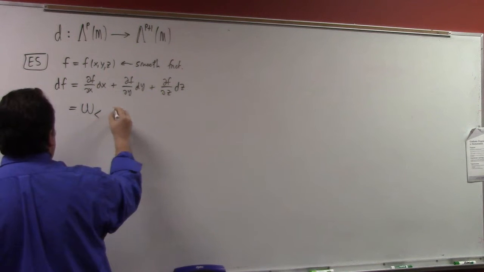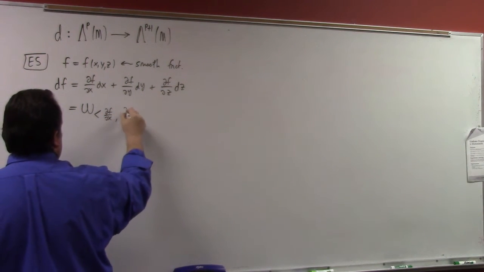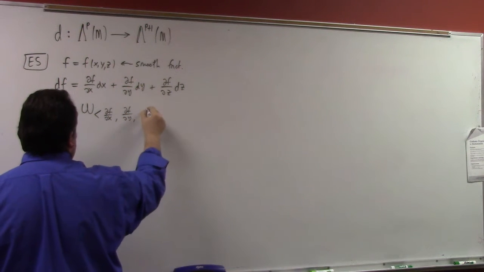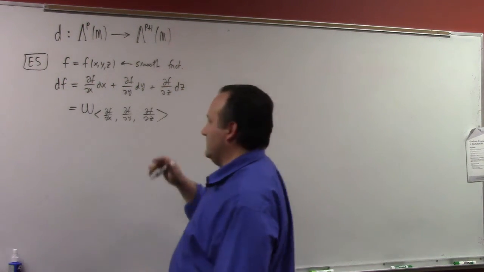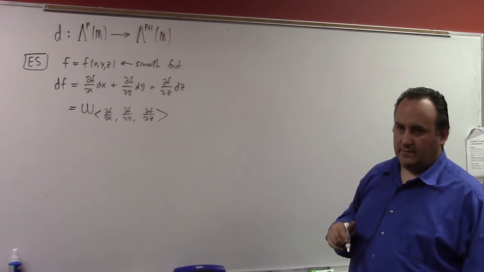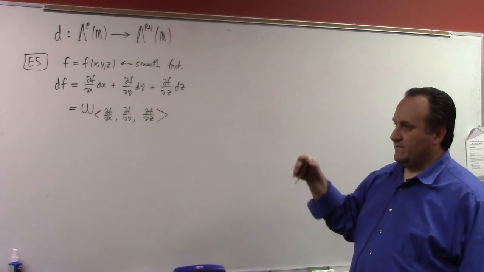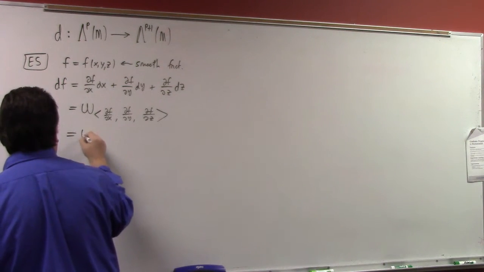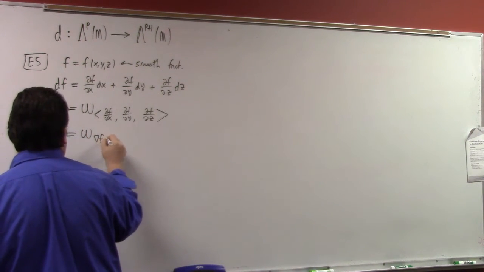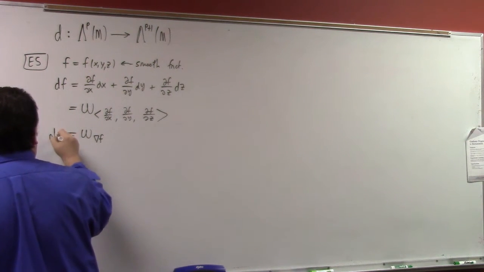Omega sub what? Partial f partial x, partial f partial y, partial f partial z, right? But what is that? In Calc 3 we have a name for that, the gradient, right? So the exterior derivative of a function is the work form of the gradient.